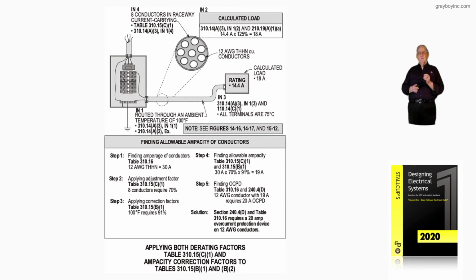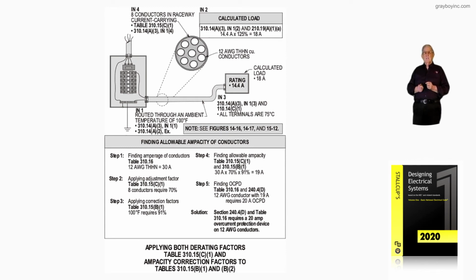We're applying Table 310.15(B)(1) as well as Table 310.15(C)(1). So what they're saying in step 1, take 100% of all the loads, whether continuous, non-continuous, demand factors, it doesn't matter. Take them at 100% according to code.